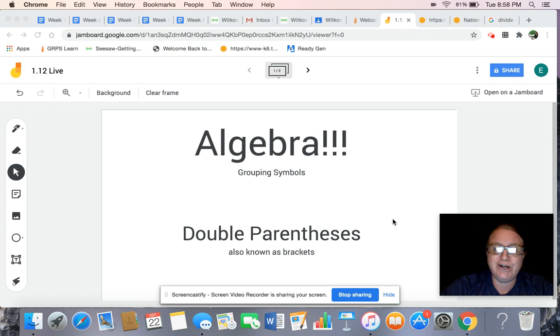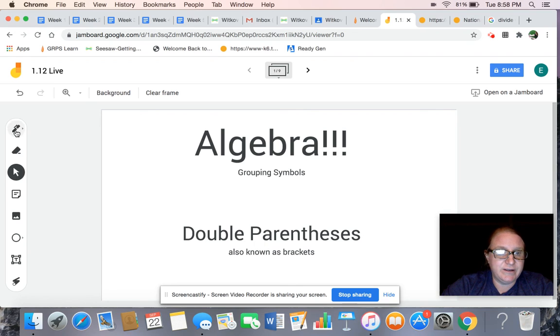Today we're going to be working on grouping symbols, and we are going to be working with double parentheses, also known as brackets. So one parenthesis is going to look like the parenthesis that we've come to know and love.